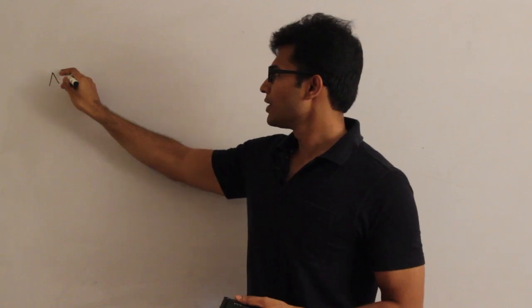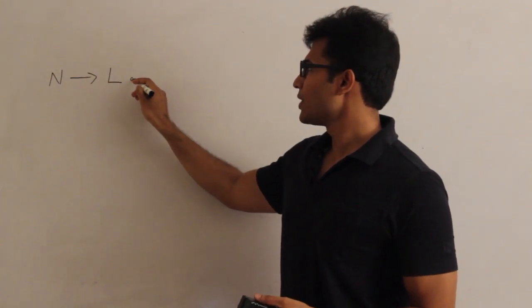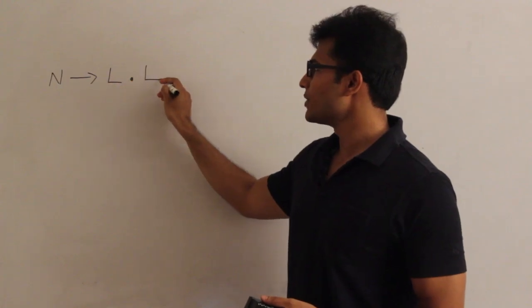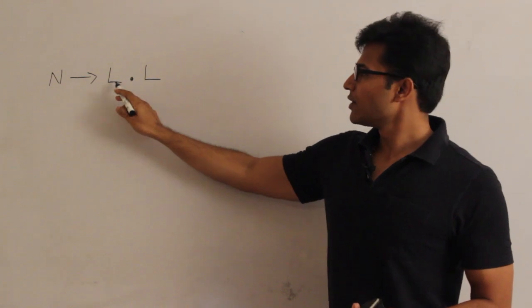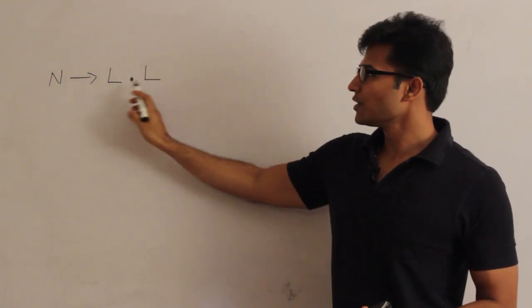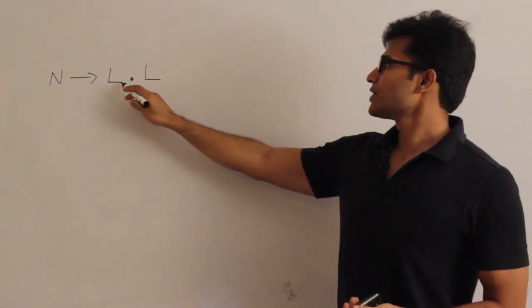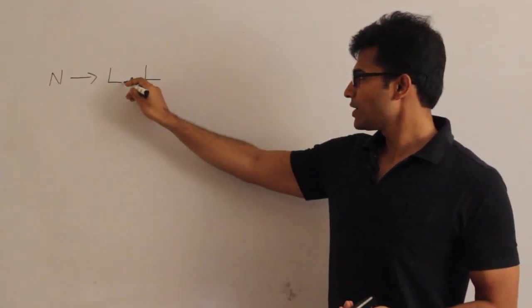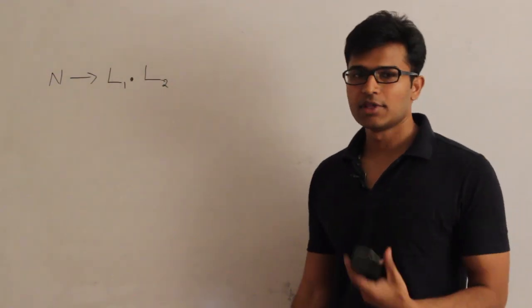A number is going to be a list of bits followed by a dot followed by a list of bits. So this is nothing but the decimal point, the radix point, and the number could be 11.01. 11 is the first list and 01 is the second list. Just to differentiate the first list from the second list, I am going to write 1 and 2. Both the lists are the same, both the L's are the same.